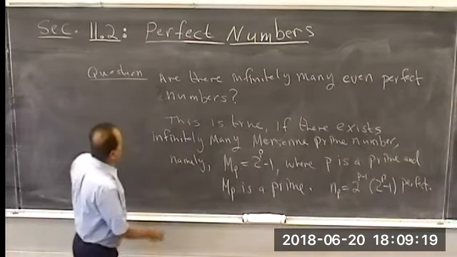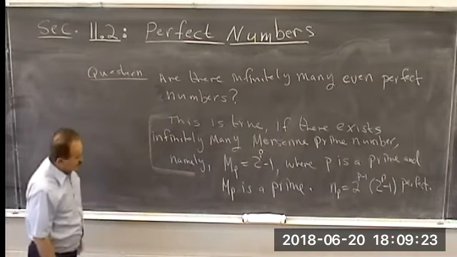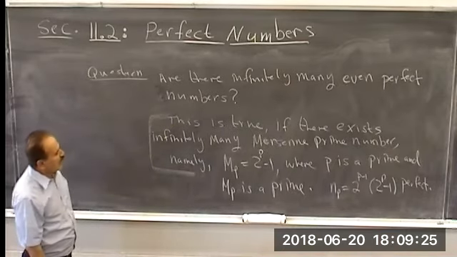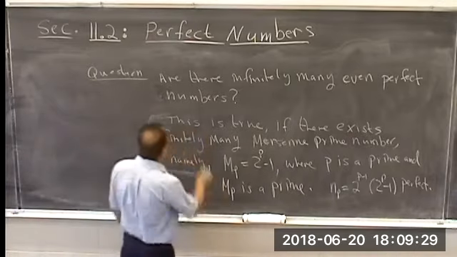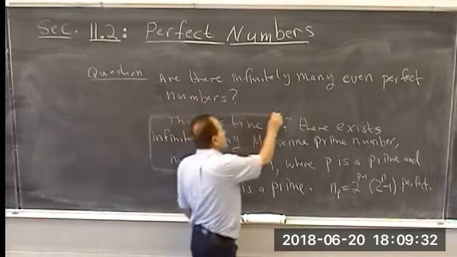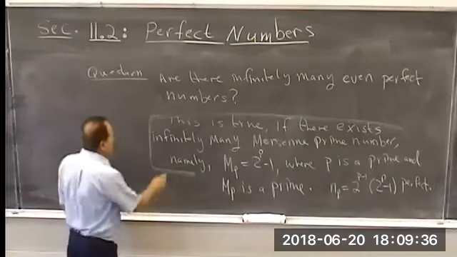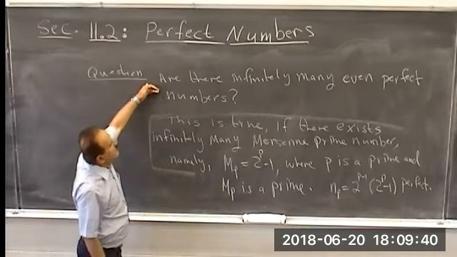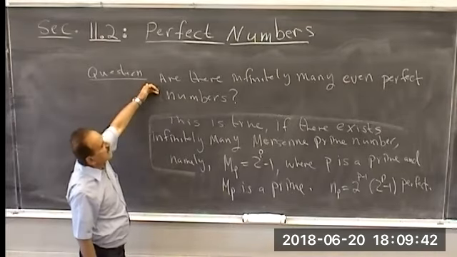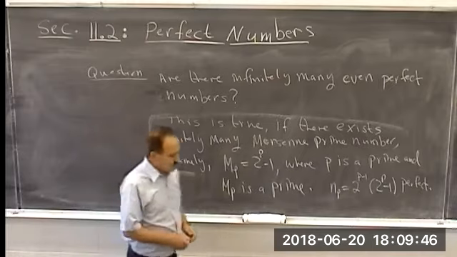Now, nobody knows if there are infinitely many Mersenne primes or not, but there is strong evidence that this conjecture is true. So there is a good possibility there are infinitely many even perfect numbers as well. All right?